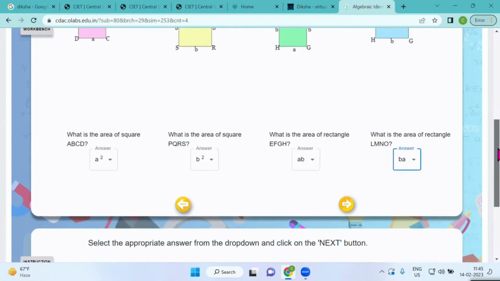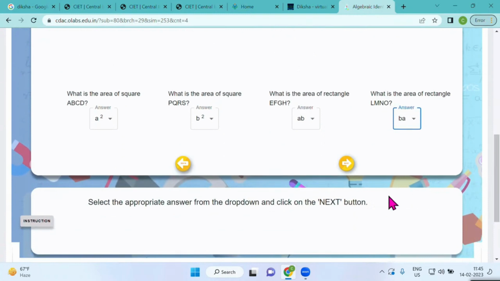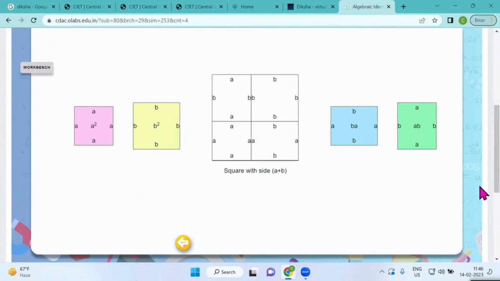So here we have four figures, and now we are combining all these four figures into one square whose area will be A plus B whole square. Select the appropriate answer from the drop down and click on the next button. So I am clicking on this. Now I have to fit all these four shapes in this one big square whose side is A plus B. If its side is A plus B, its area will be A plus B whole square.